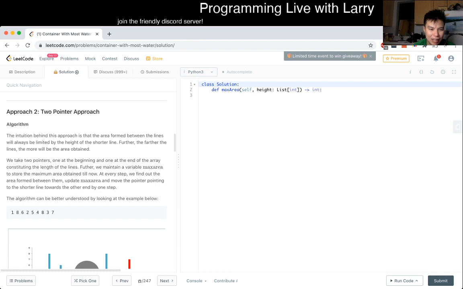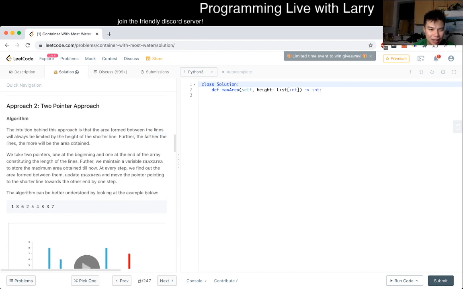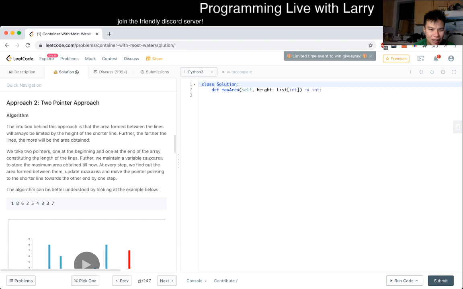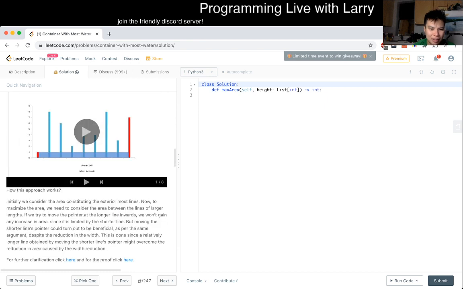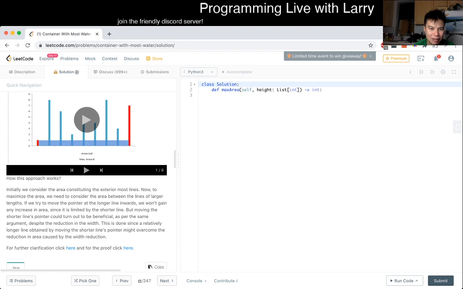Height of the shorter line, I know, okay. Move the pointer to the shorter line toward the other by 1 step. So yeah, you have 2 steps. The shorter. So you greedily move the shorter?